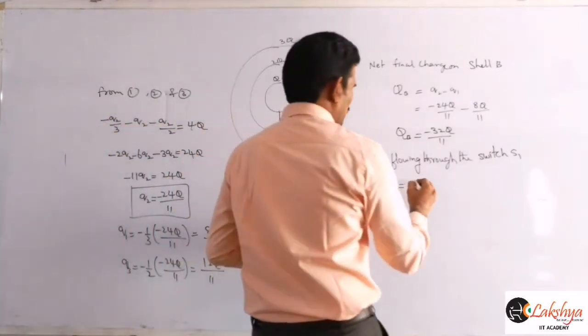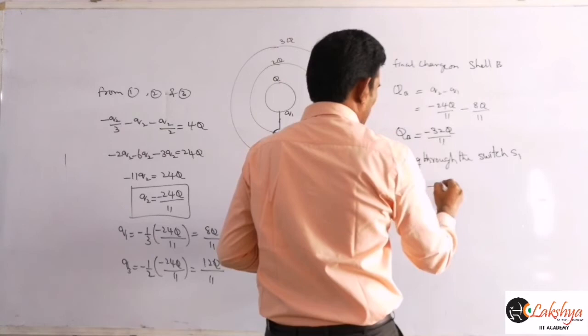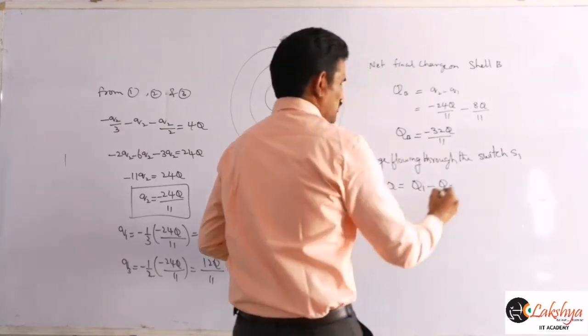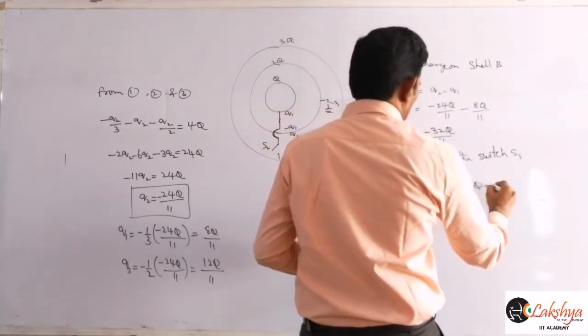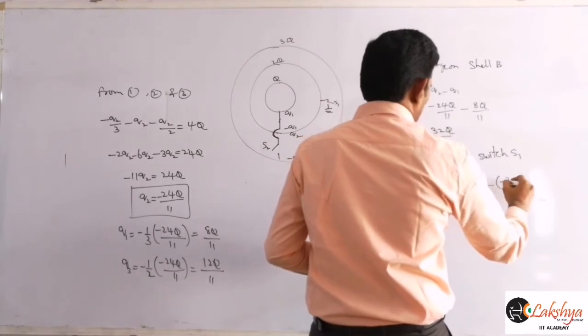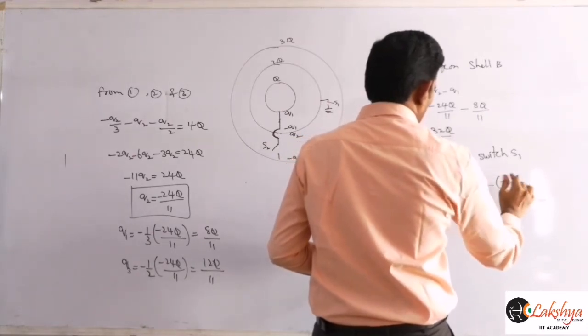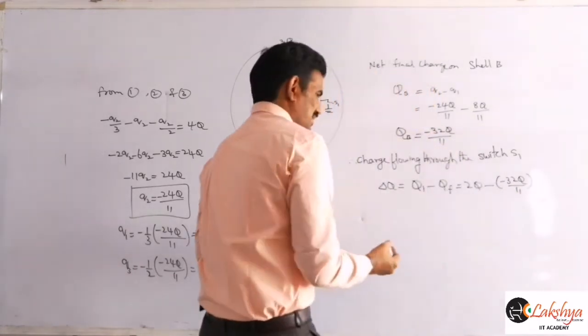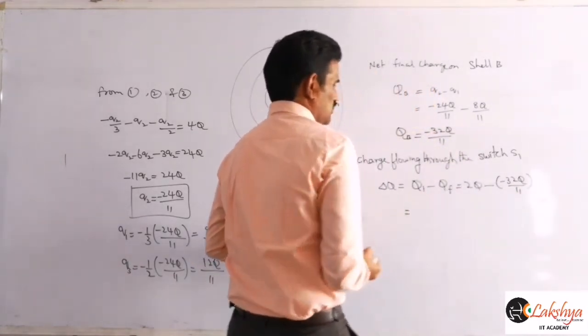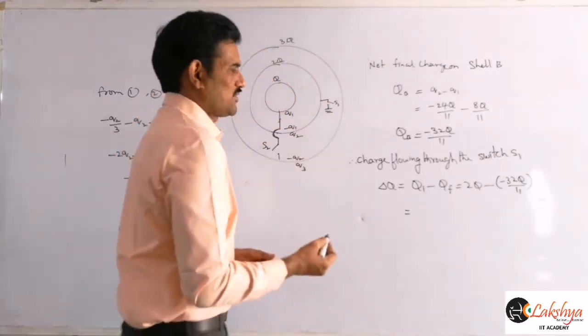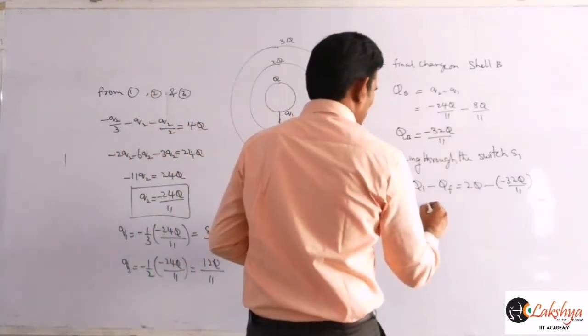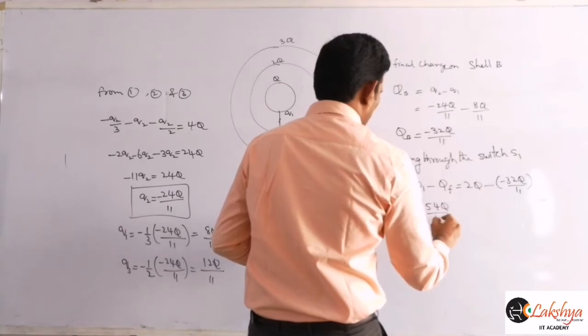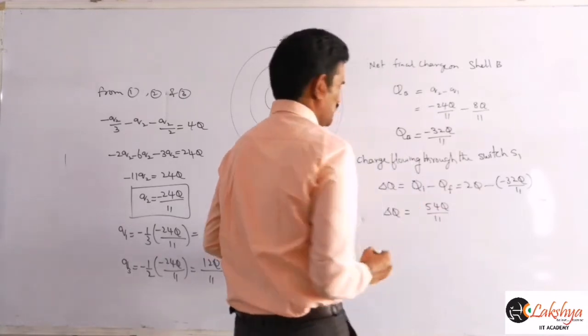So Q initial minus Q final. Q initial is 2Q and Q final is minus 32Q by 11. Then you can take the LCM and simplify: 22 plus 32, so you can write this as 54Q by 11. So this is the charge flowing through the switch S1.